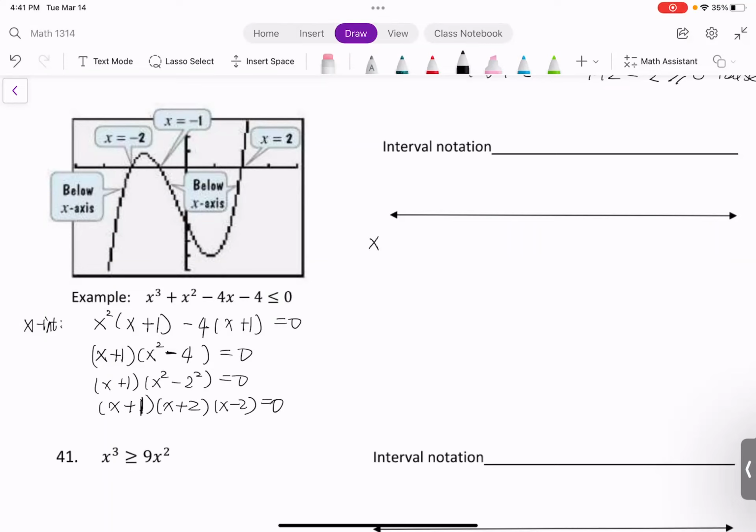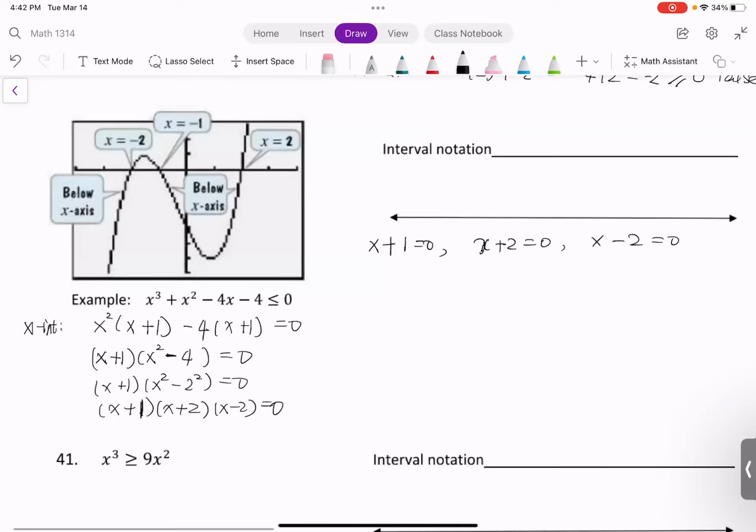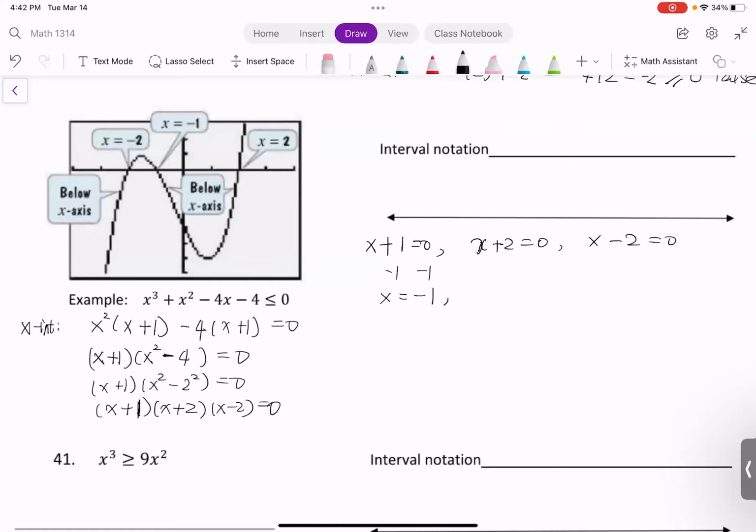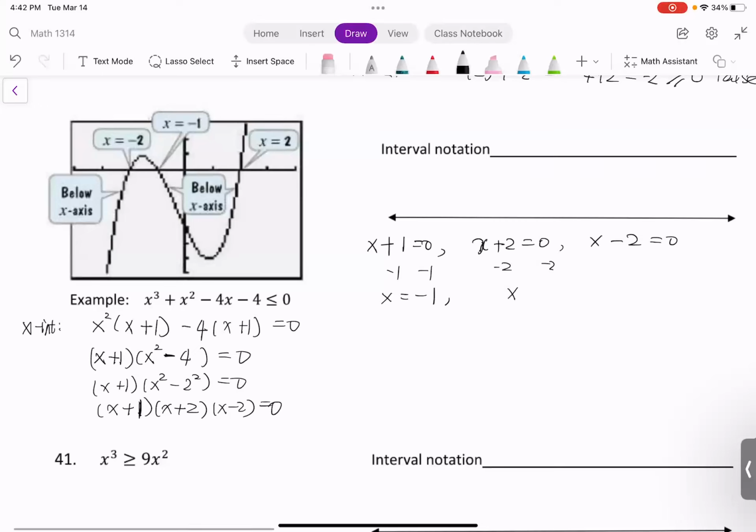Then I can find 3 x-intercepts. First factor equal to 0, second factor equal to 0, last factor equal to 0. Solve these 3 equations: x equals -1, x equals -2, x equals +2.